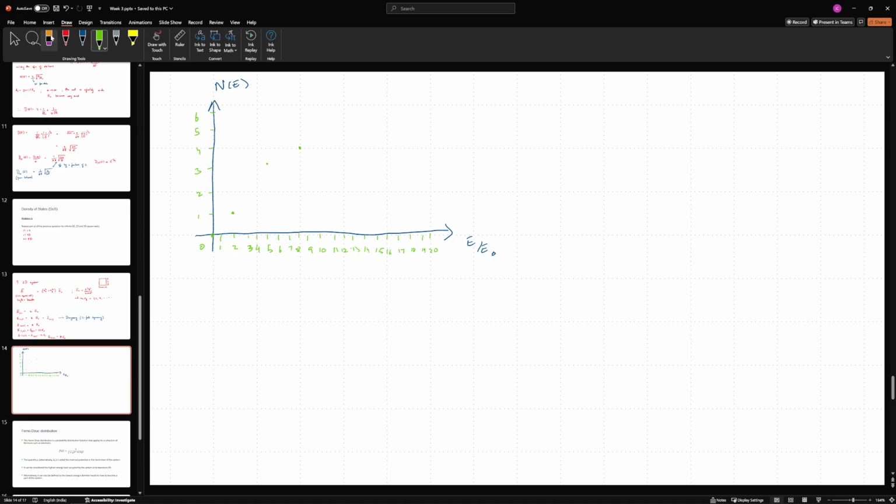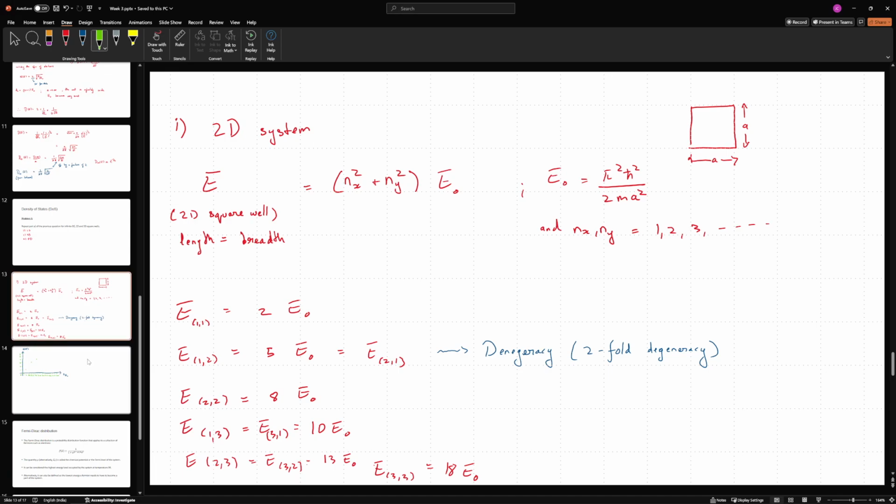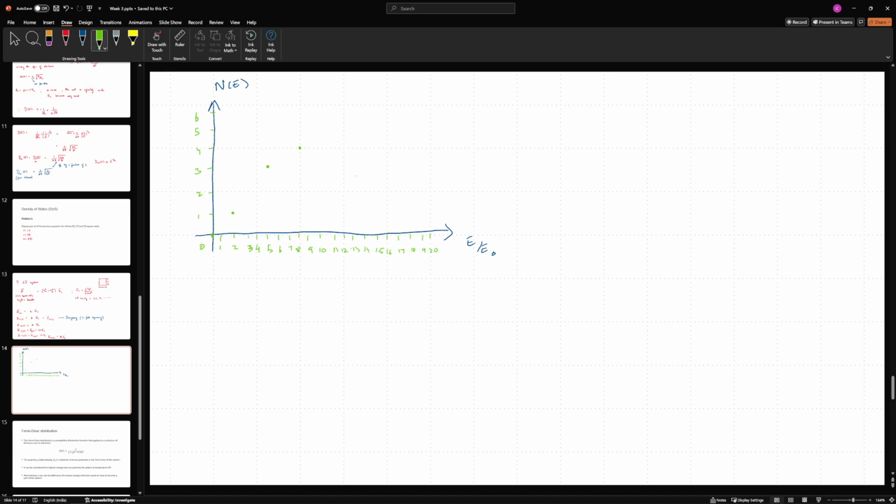Okay. And then after 8 E naught, we have 10 E naught, where we added two more states. So at 10 E naught, we went to 6. And then at 13 and 18.